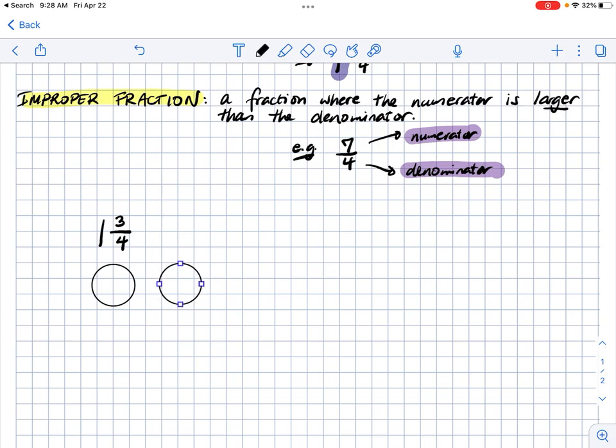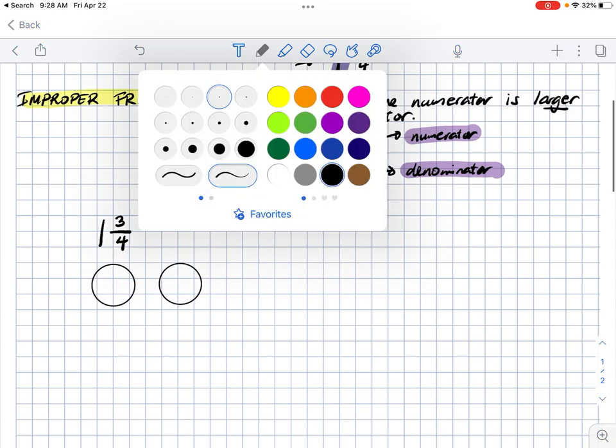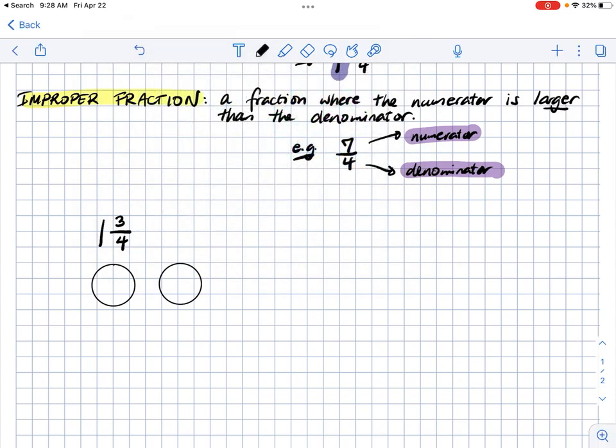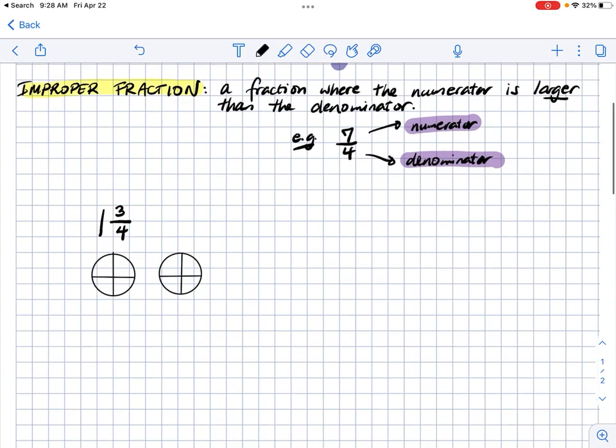And then if I were to draw and split each circle into quarters, okay, it's as close to equivalent parts as possible.